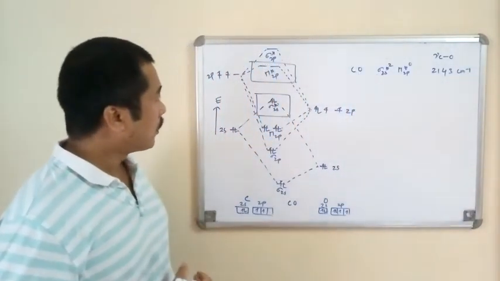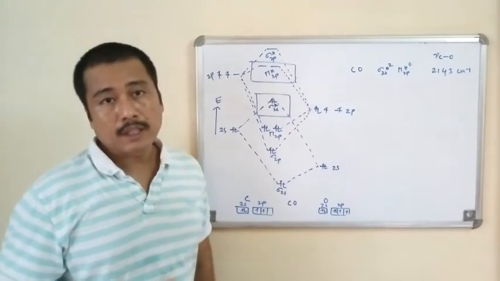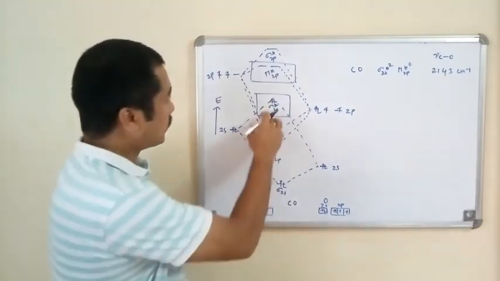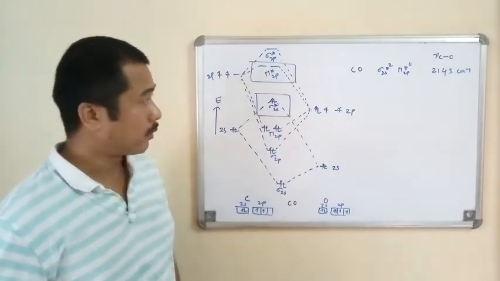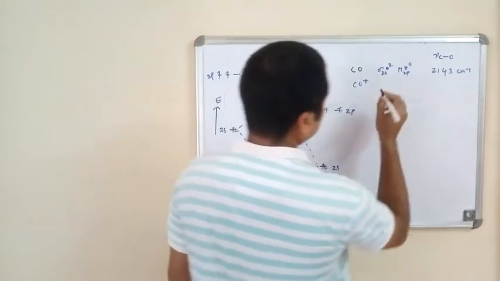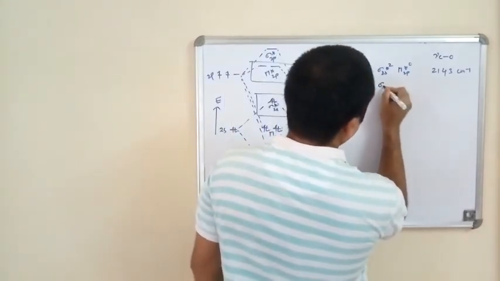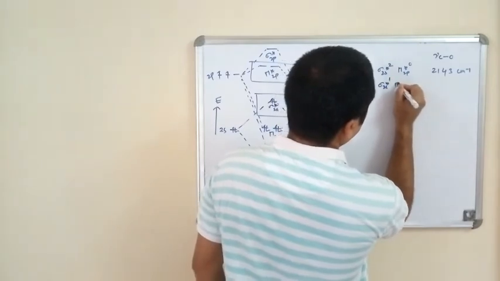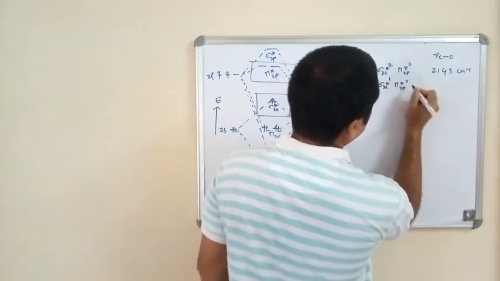Now if you ionize the carbon monoxide molecule, that is, you remove an electron from the HOMO, the sigma star 2s molecular orbital, and make CO plus, then the electronic configuration will become sigma star 2s1 and pi star 2p 0.